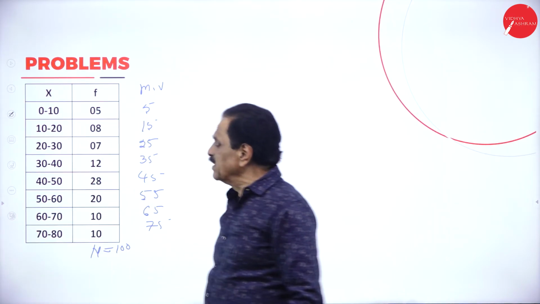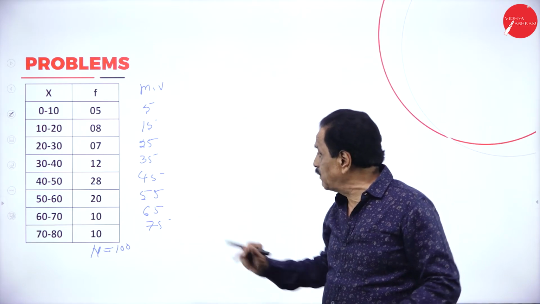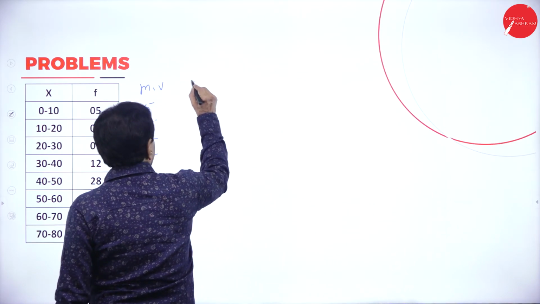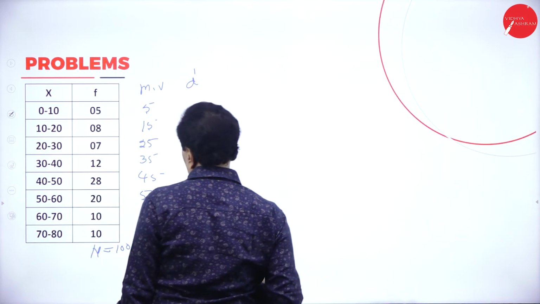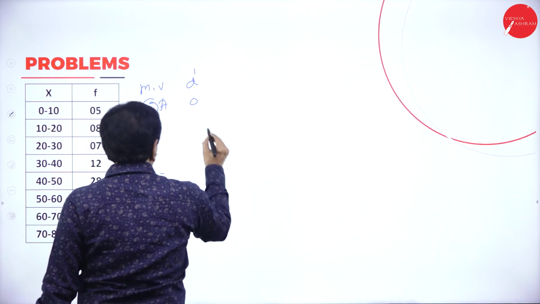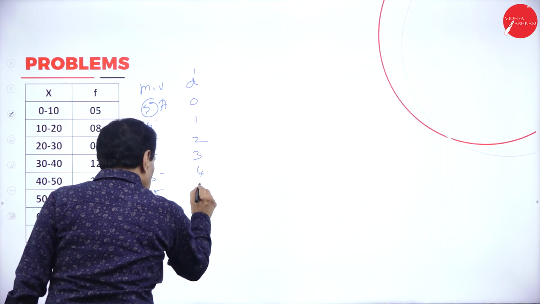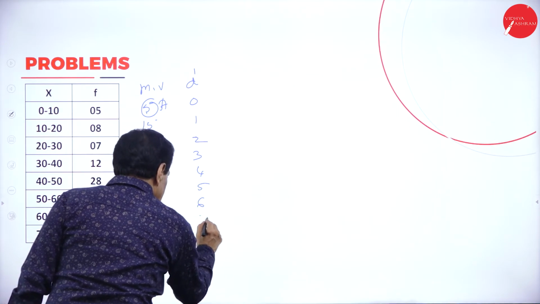If we say that 70 plus 80 is 150 divided by 2 is 75, then you say that D dash, the deviation of a number. You assume the first number as 0. Then 1, 2, 3, 4, 5, 6, 7.